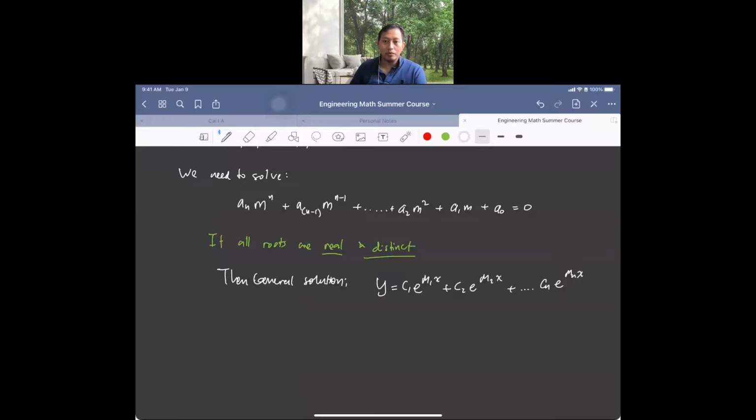If we have degree 4, we have 2 real, 2 complex, or 3 real, 1 complex. We have some variations for the roots. And we can have multiplicity, like when m1 equals m2.